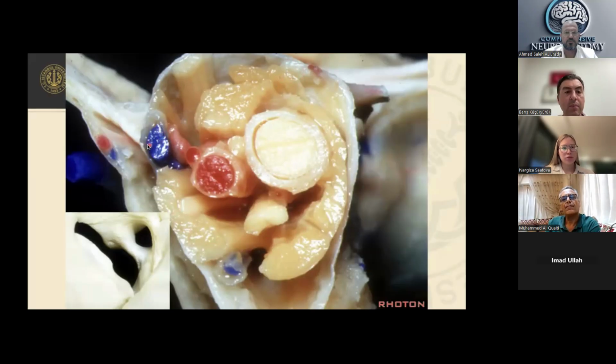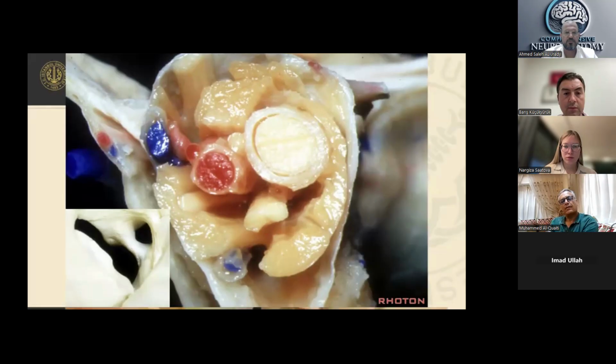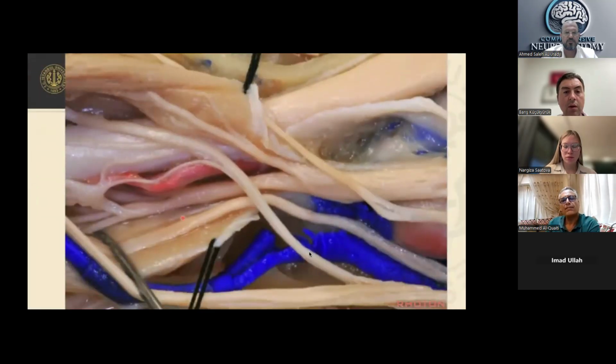And these are the superior and inferior ophthalmic veins within the orbit. So this is the annulus of Zinn opened to expose the structures within.